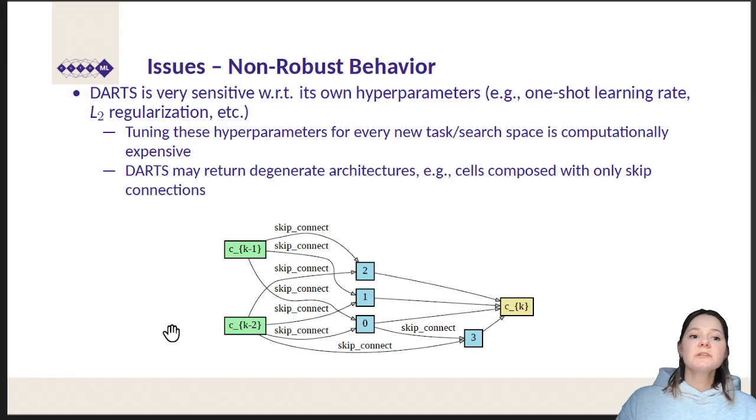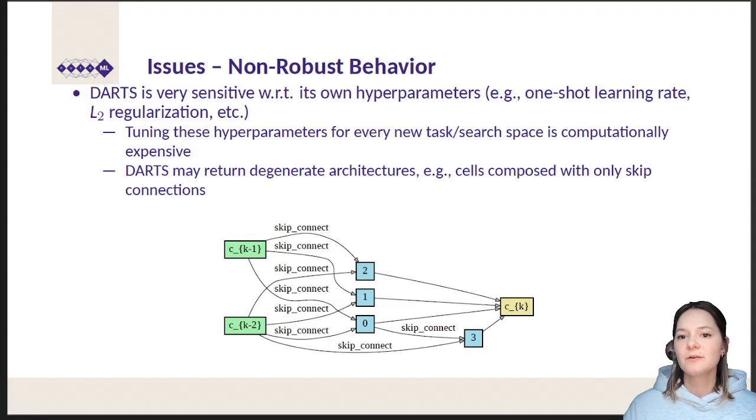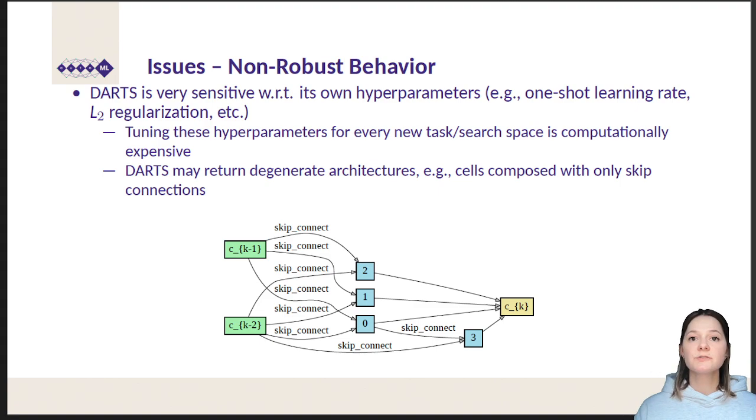However, the issue is that DARTS is not really robust. It does not have a really robust behavior, and it's very sensitive with respect to its own hyperparameters. For example, the one-shot learning rate, the L2 regularization, considering that we have 2 different learning rates for the alphas as well as for the weights of the operations, as well as 2 different regularizations, 2 different optimizers, all these things.